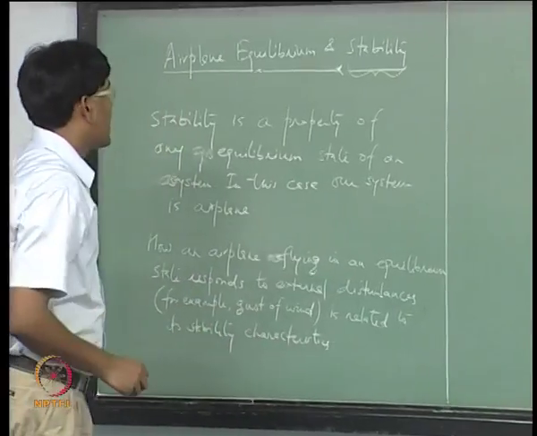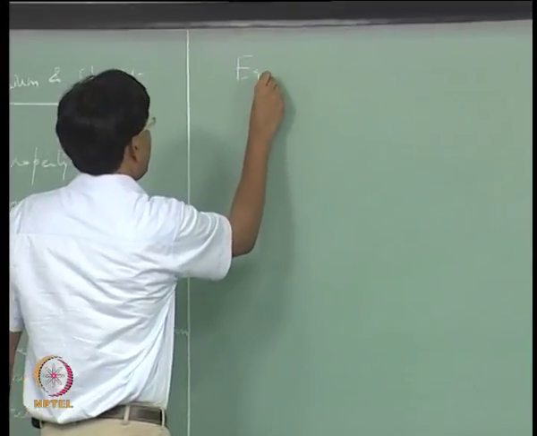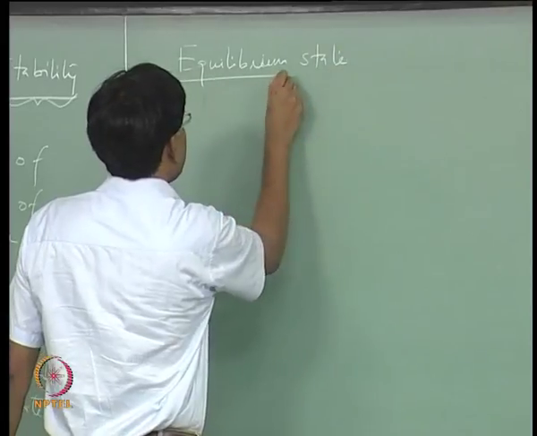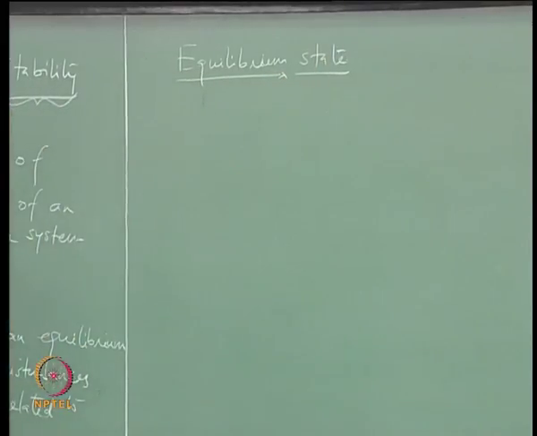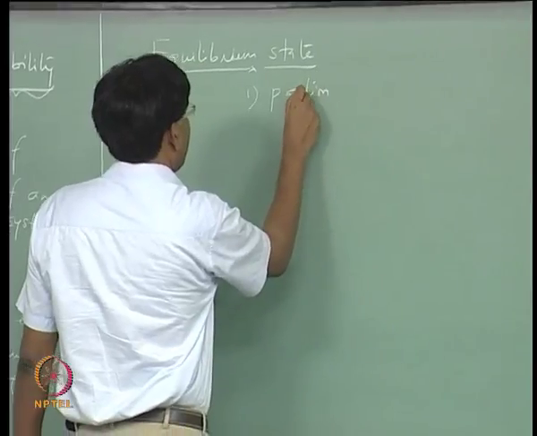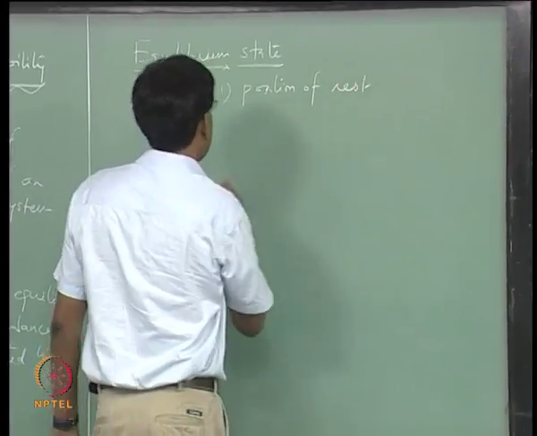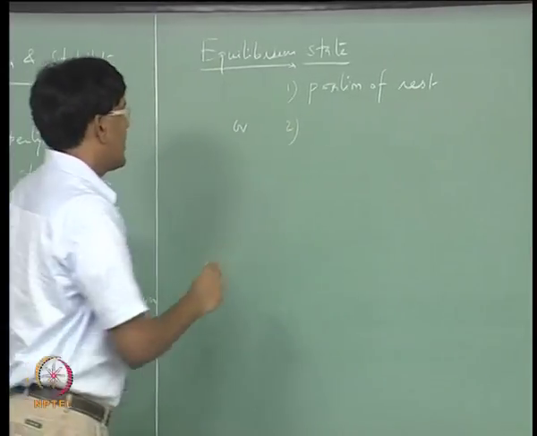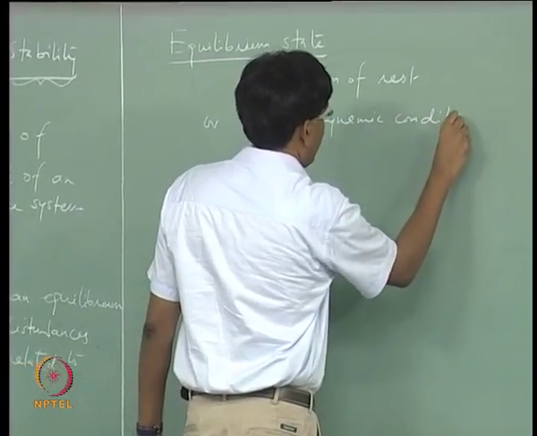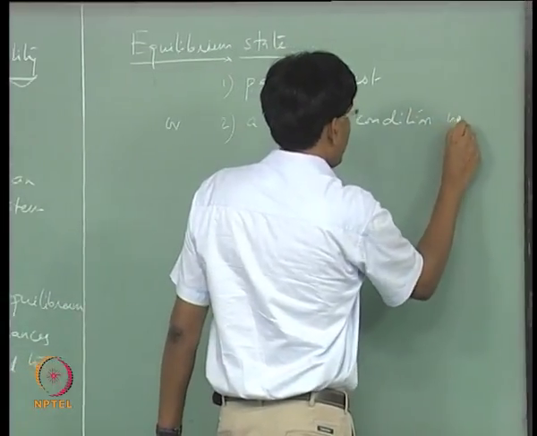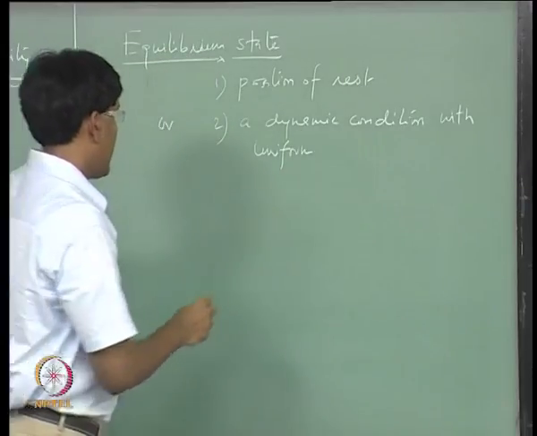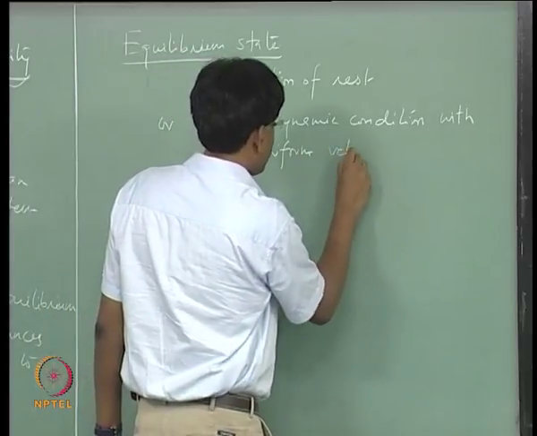So, let us try to define what equilibrium is. As we know, an equilibrium state can be a position of rest or a dynamic condition with uniform velocities.